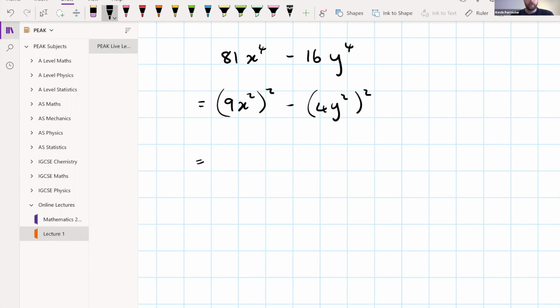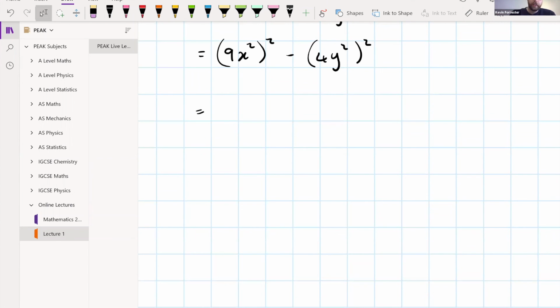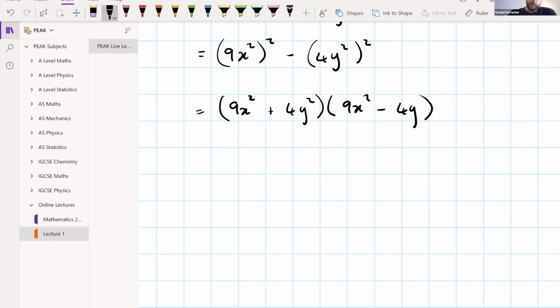And let's actually do the difference of two squares. So it's going to be two brackets, and we write down 9x squared plus 4y squared. And then the same thing again, except we have a subtraction. So 9x squared minus 4y squared. Now, we have successfully found an example that has another difference of two squares.